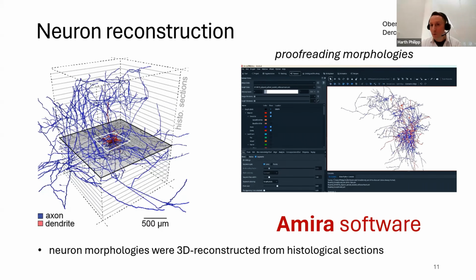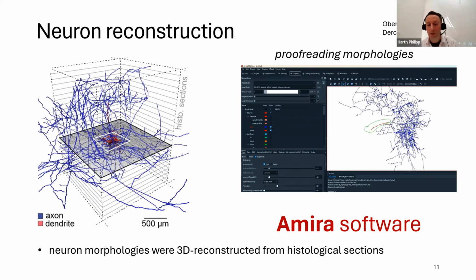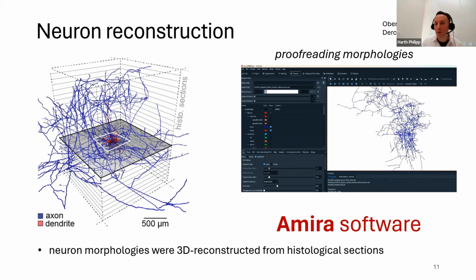But in all cases, proofreading these morphologies is required. And over many years, we have developed features within this software that enable the proofreading of such morphologies. And they're extensively used to arrive at these neuronal structures.